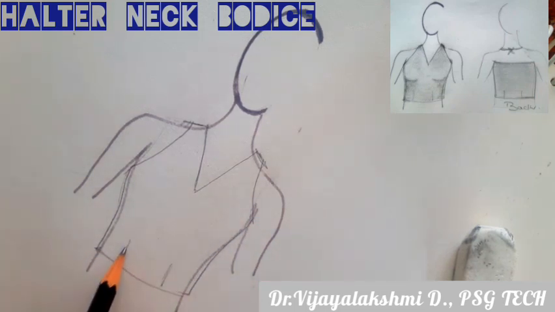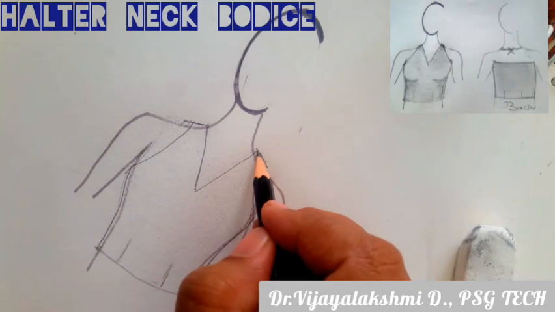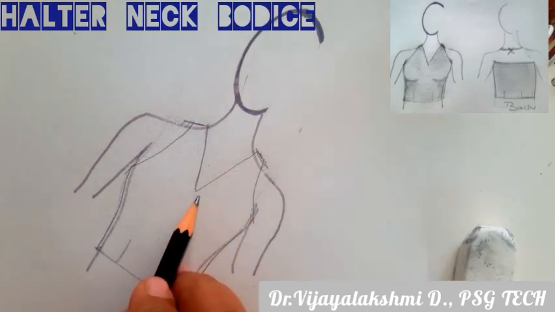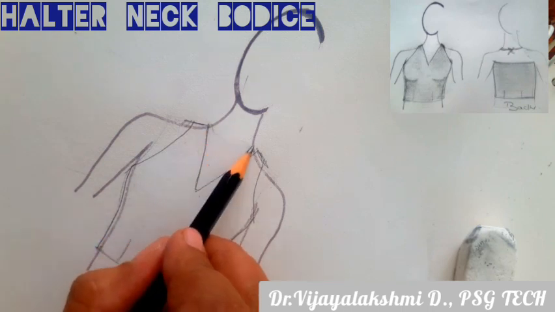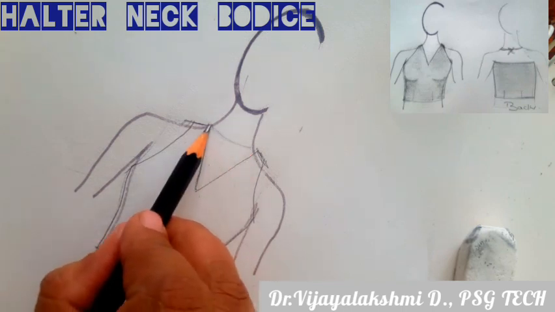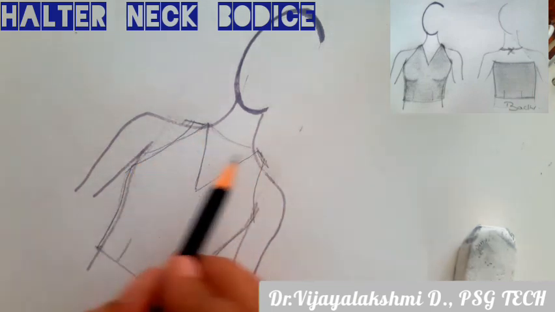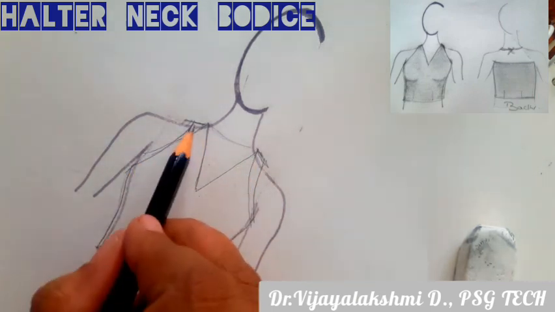So depending upon the length of the bodice, you can just have a dart to support your waist to be tight. It can either be like this, the neckline, or you can have the neckline at the top as well. A very thin strap can be given, can be seamed together.